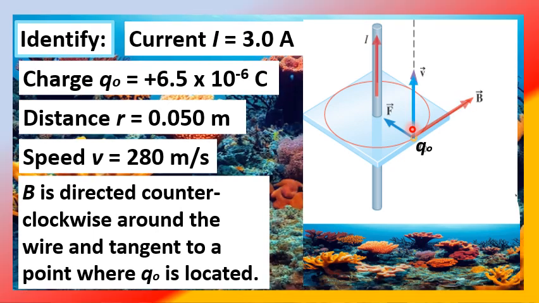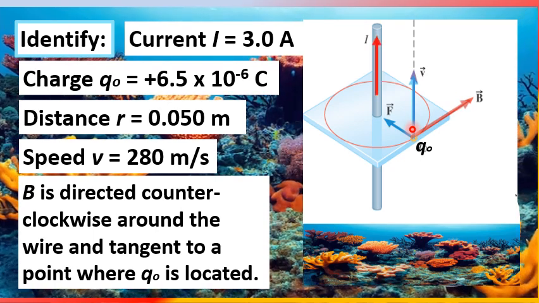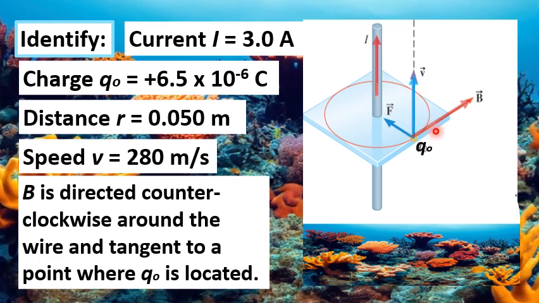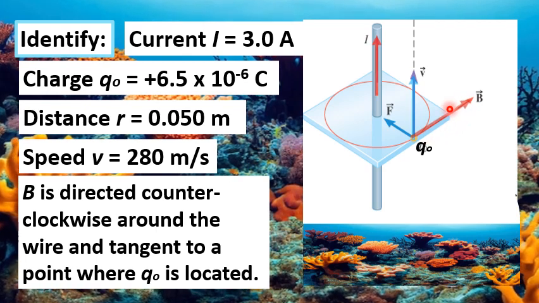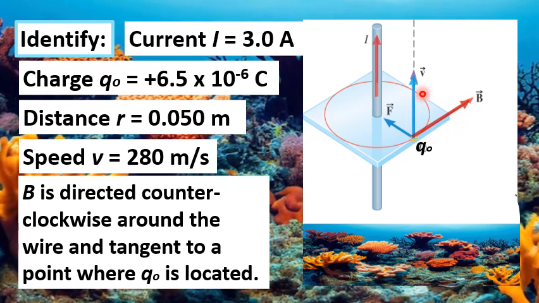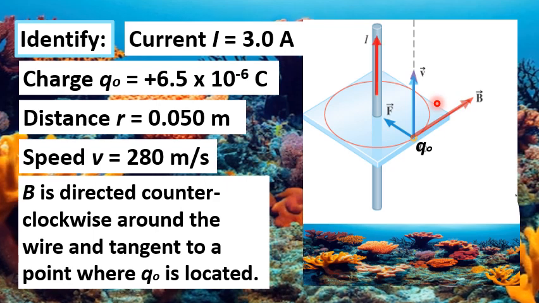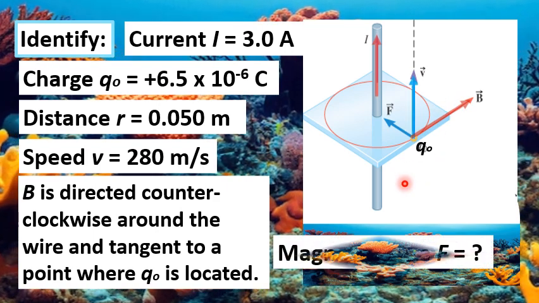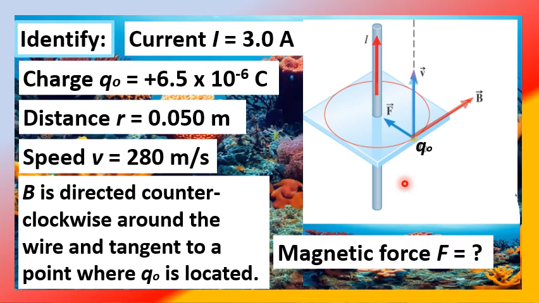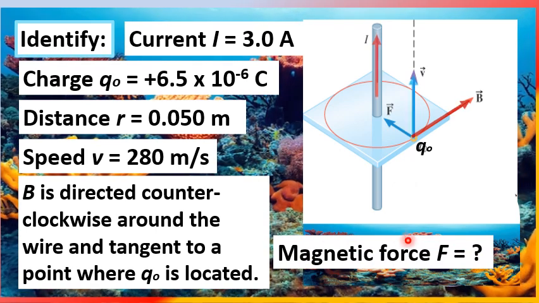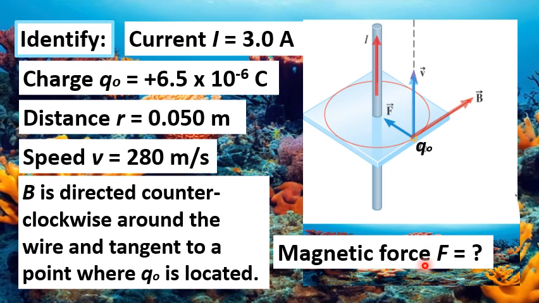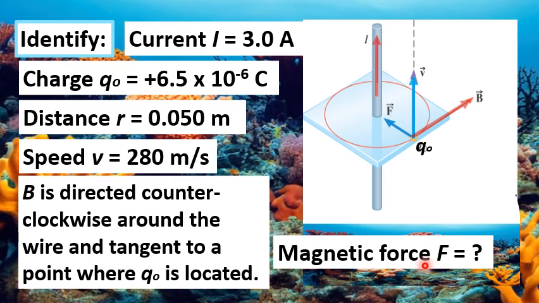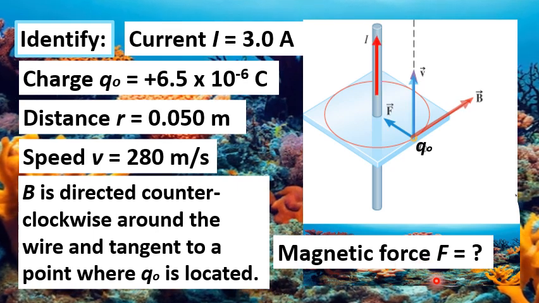You say that they are perpendicular. The velocity vector and the magnetic field vector are perpendicular to each other. And our target variable is the magnetic force, denoted by capital F. Both its magnitude and direction will be determined.